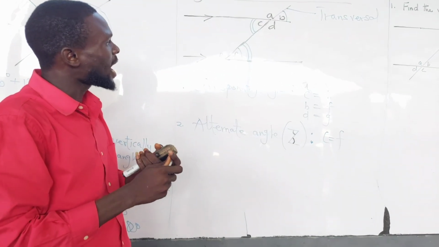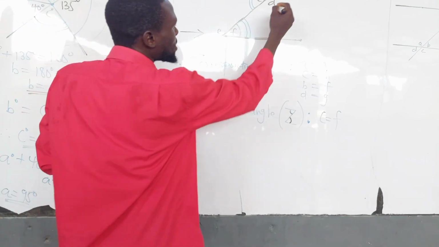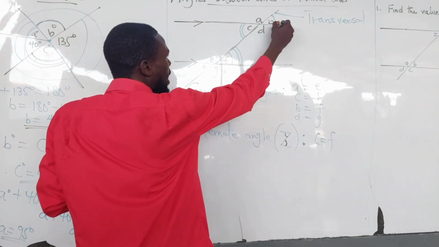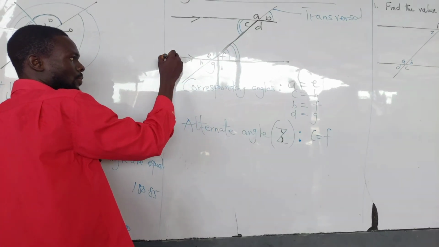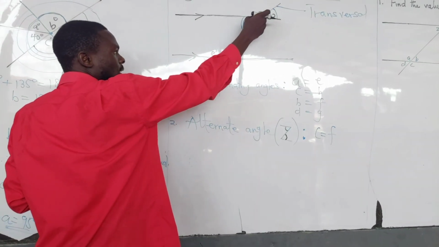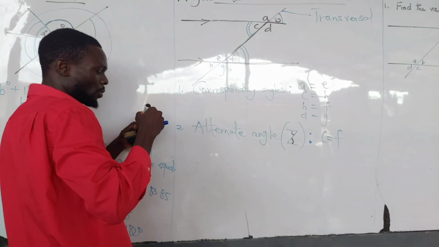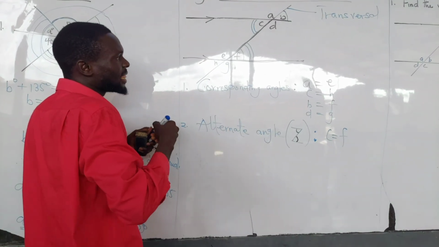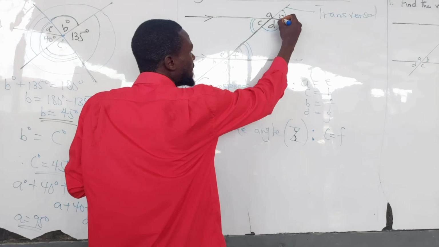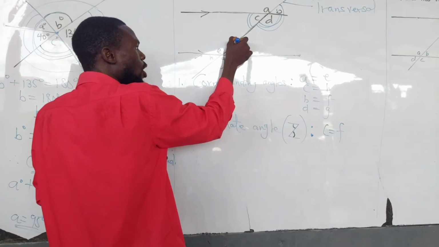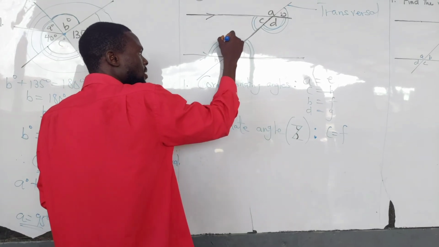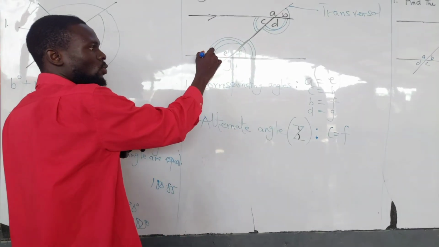Also, we have another like this in this form, where you have this and this in a Z form. So that one too, this angle, which is the D, also alternates to this one.